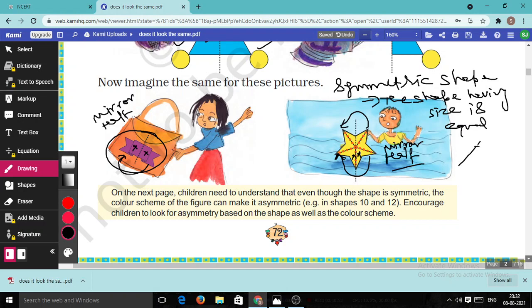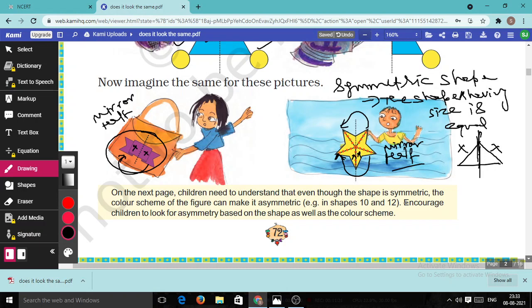Now look here. If this triangle is given to us, if I divide it into two parts, and if these two parts are equal in shape and size, then it is called a symmetric shape. When the shape is divided into two equal parts having equal shape and size, then it is called a symmetric shape.